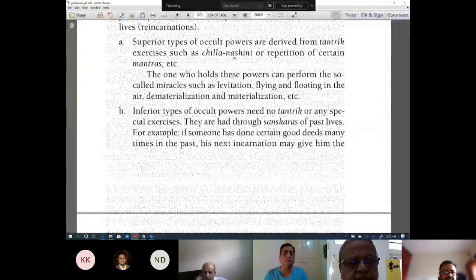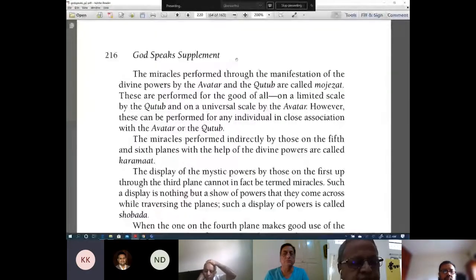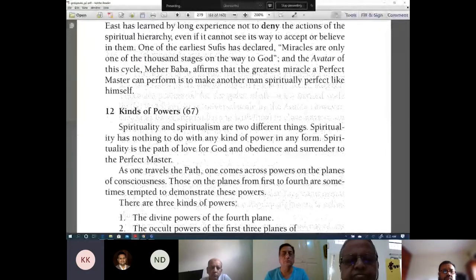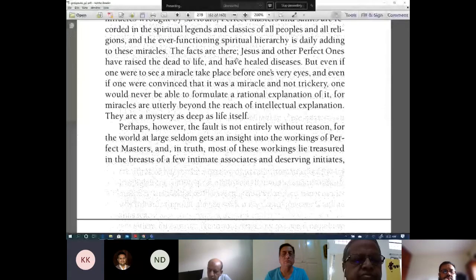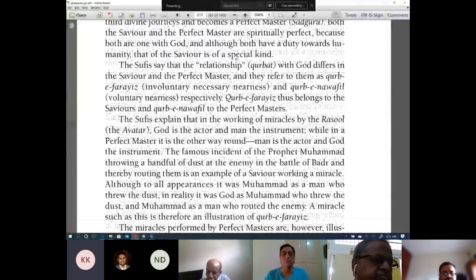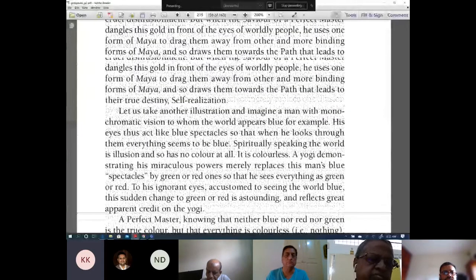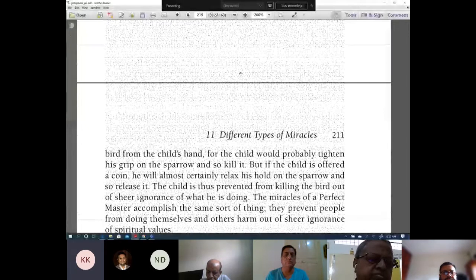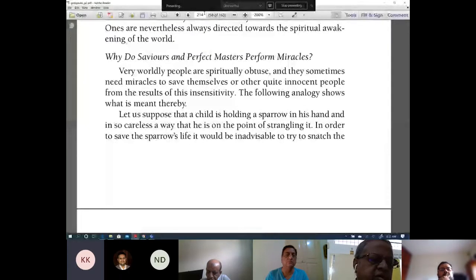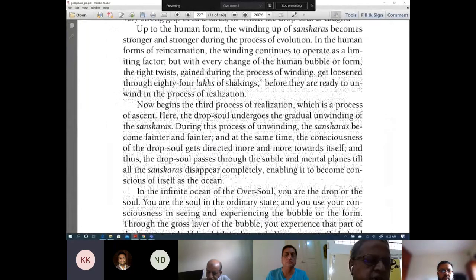One thing I wanted to add was that the difference between chart 9 and chart 10, I realized, is that chart 9 shows you the evolution of forms, the different kingdoms. And here in chart 10, what we are seeing is the evolution of consciousness, from no consciousness, from low consciousness to reaching full and complete consciousness in the human form, but having samskaras.